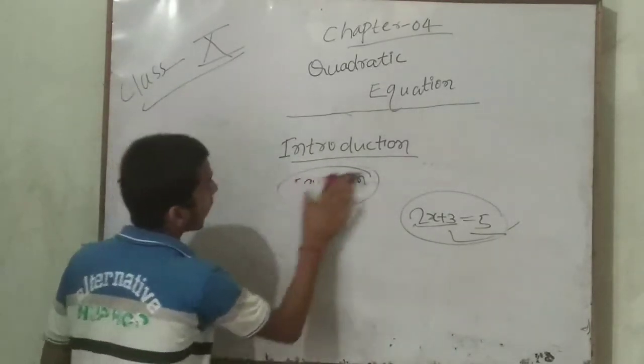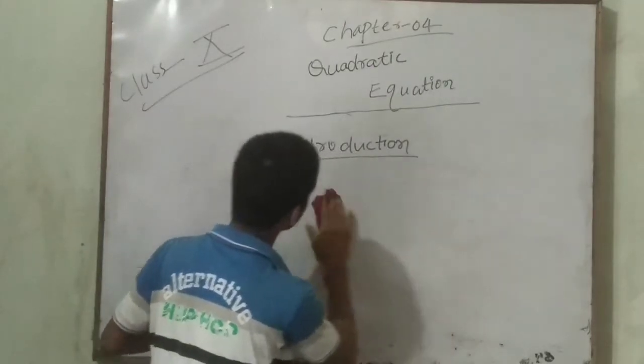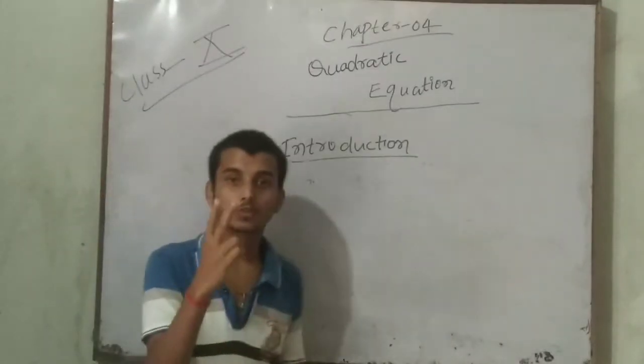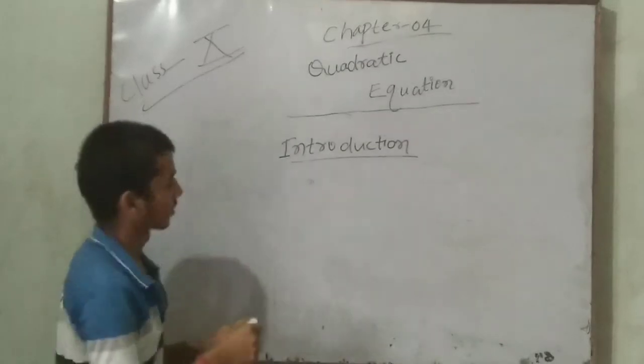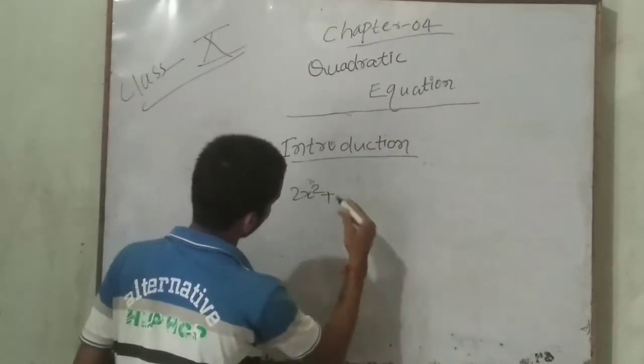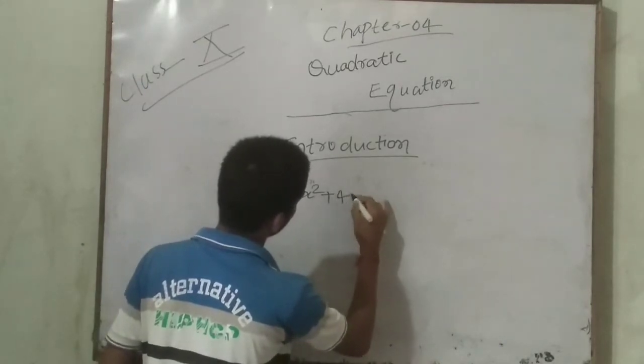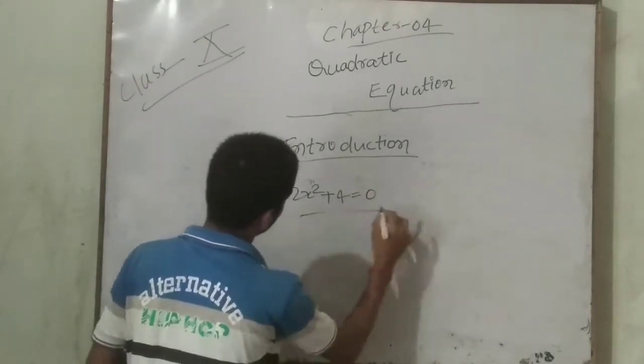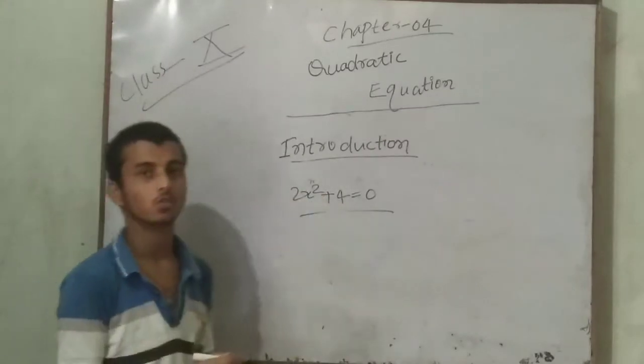Now, quadratic equation. An equation of degree 2 is called a quadratic equation. Suppose 2x square plus 4 equal to 0.